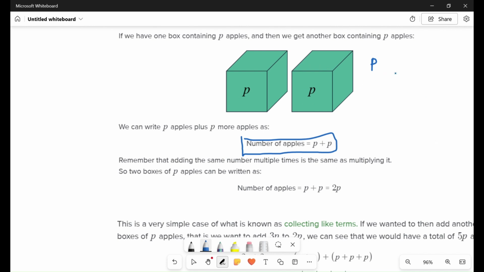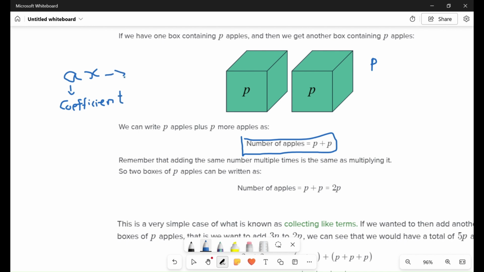Now if I have ax, here a could be an integer, a rational number, or any real number, and this is the coefficient of the expression.